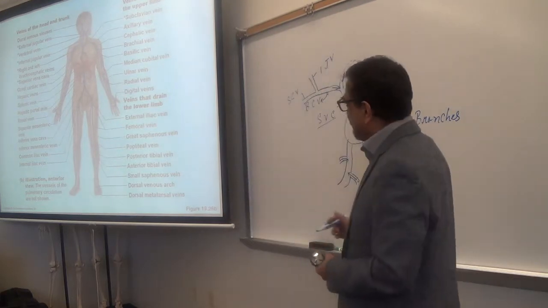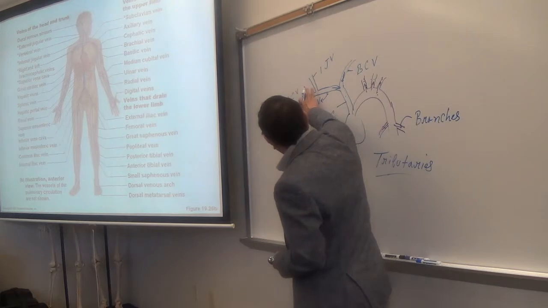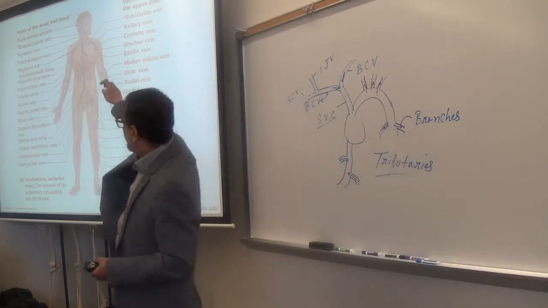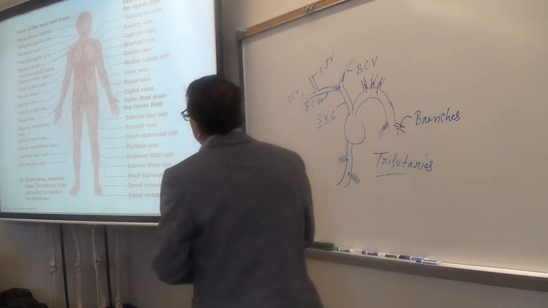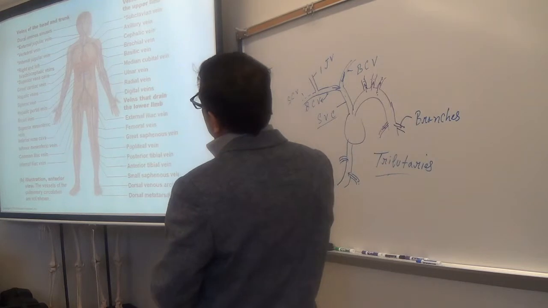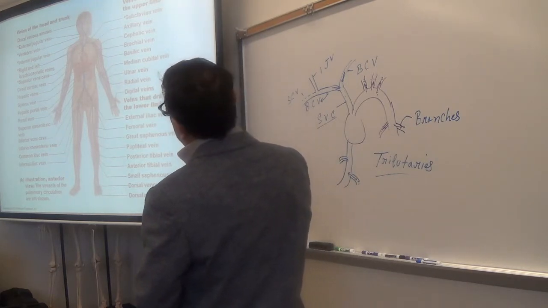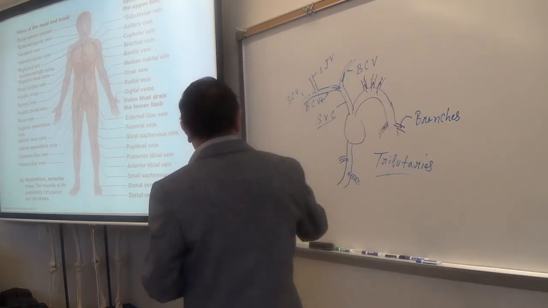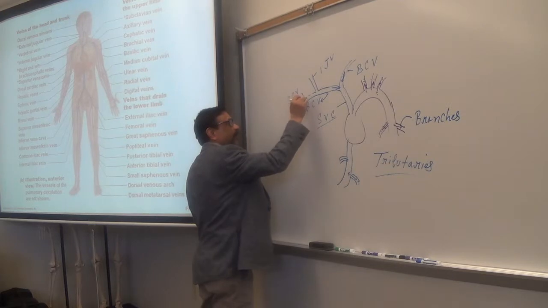And then from the early part of subclavian, three veins arise. Vertebral vein, external jugular vein, and another is the internal jugular, which is already there. So two important veins.